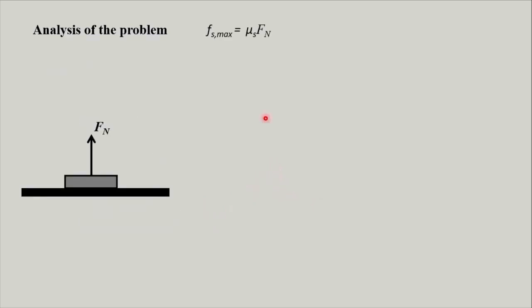And now we consider the second scenario of motion. Again, we have the same block on the surface. External force F now is greater than Fs max.